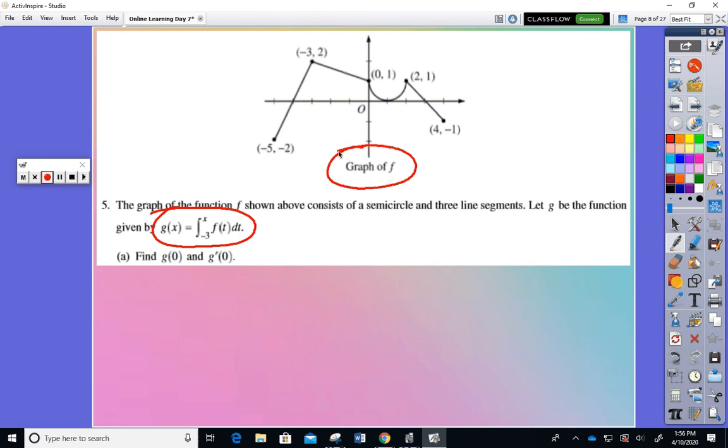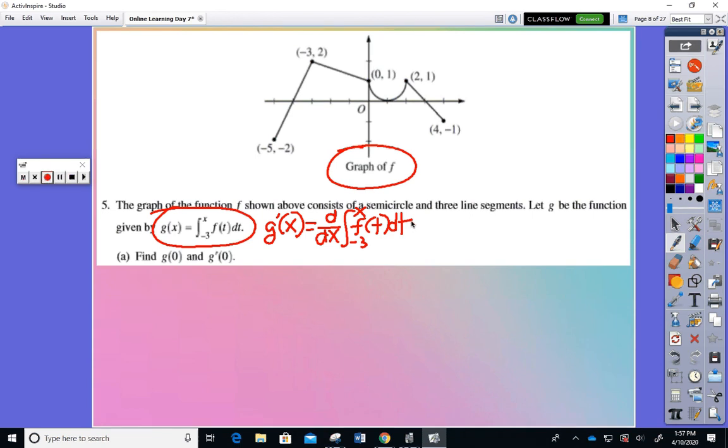I want you to immediately remind yourself, oh, then g prime of x is the derivative of the integral that's given. And hopefully you'll get to where you'll go straight to f of x there.